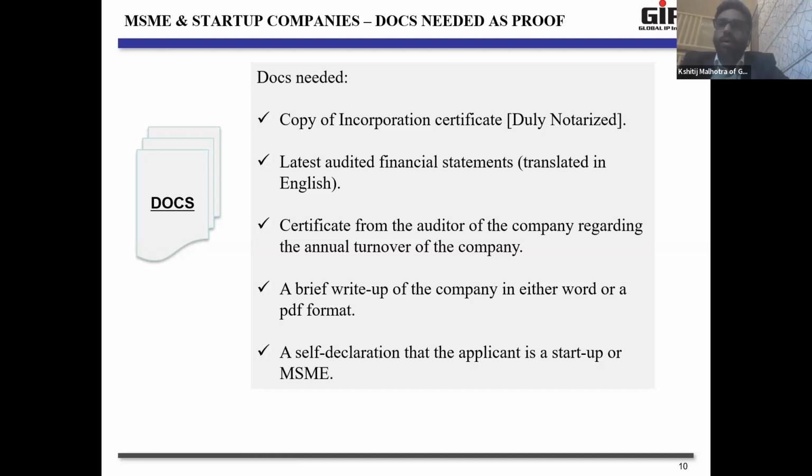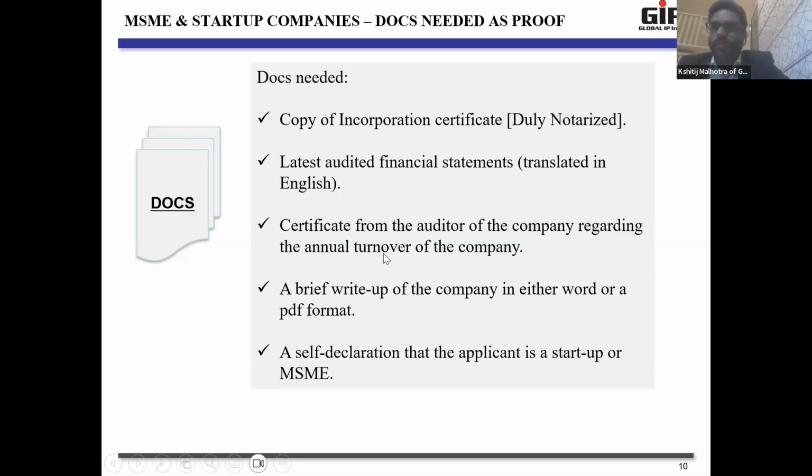So documents that are needed is that if a company qualifies these two criteria, then you will be required to furnish a copy of your incorporation certificate duly notarized, the latest audited financial statement translated in English in case these documents are not in English language, and a certificate from the auditor of the company regarding the annual turnover of the company. As I said, there is some criteria with respect to turnover and investment in plant machinery or equipment, as the case may be.